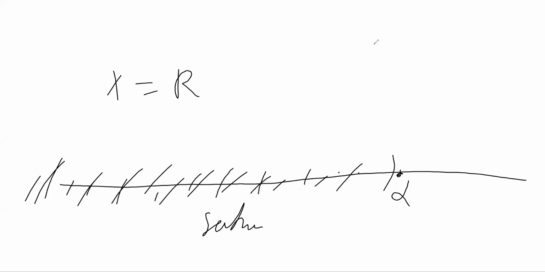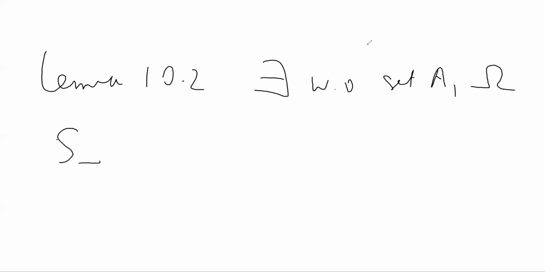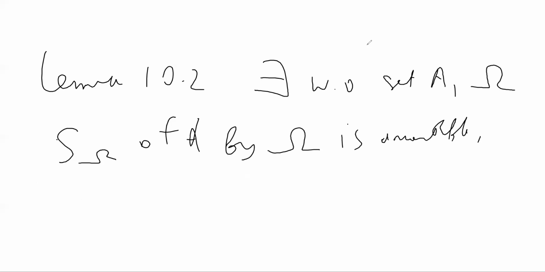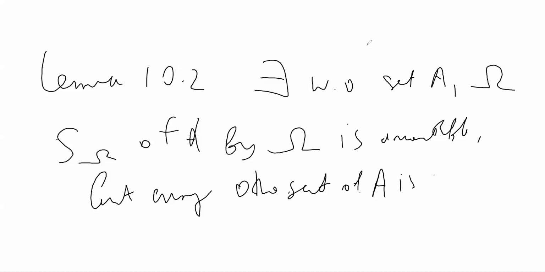Okay, so now Lemma 10.2. There exists a well-ordered set A having a largest element, call it alpha, such that the section S alpha of A by alpha is uncountable, but every other section of A is countable.